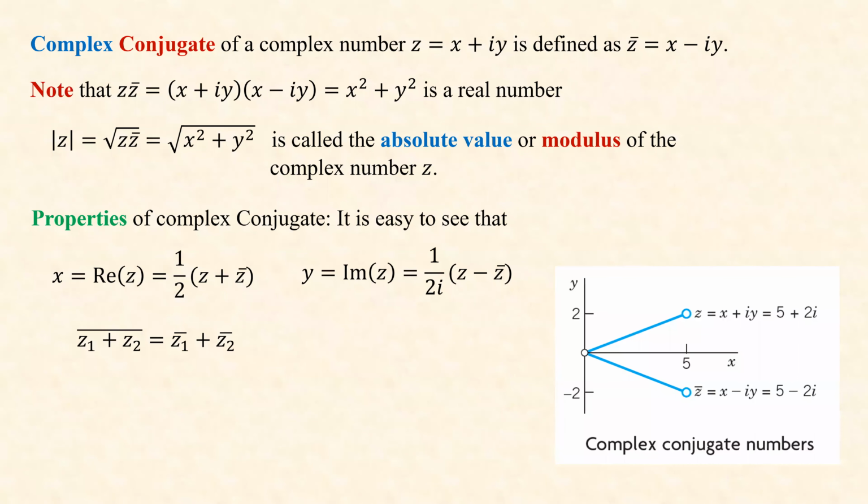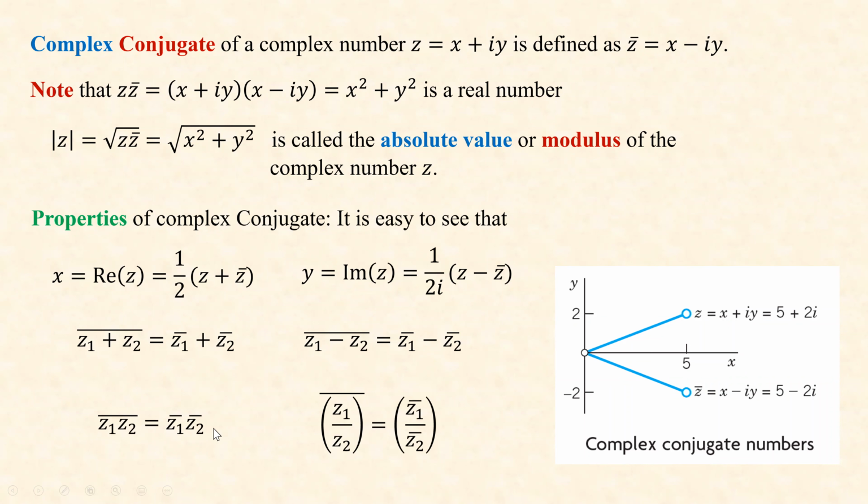You can also show very easily that the complex conjugate of the sum of two complex numbers is the sum of the complex conjugates. And the complex conjugate of the difference is the difference of the complex conjugates. The same for multiplication: the complex conjugate of z1 z2 is z1 bar times z2 bar.